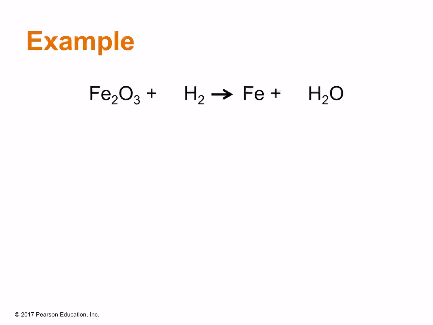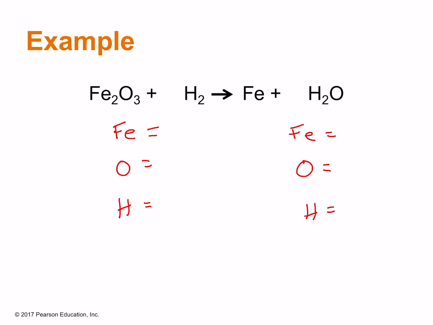So here we are. This is an equation, and we need to see, is it balanced? And if not, then we're going to balance it. So the first thing I would always do is figure out how many of each element you have on each side of the reaction. So we have iron, oxygen, and hydrogen. And then on this side, we have iron, oxygen, and hydrogen. I always write them in the same order on each side, just so I can see really easily if they're balanced or not.